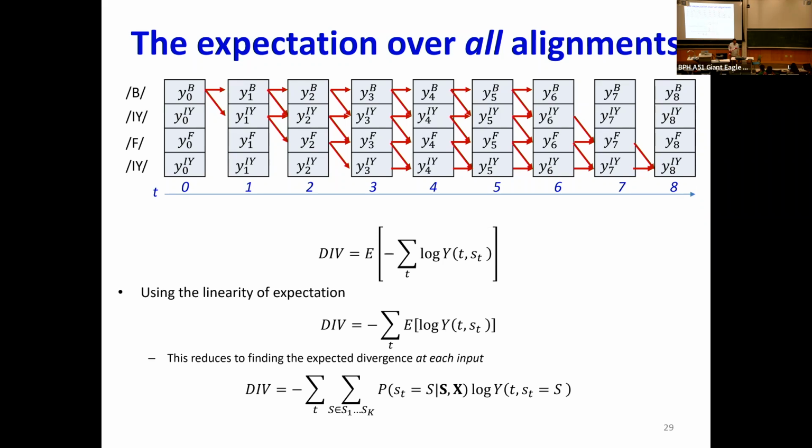Summation is linear, so I can move the expectation in. And so this is now the negative of the sum over time of the expected log likelihood of the probability assigned to any symbol. So what is that crazy second term? The term inside the expectation.